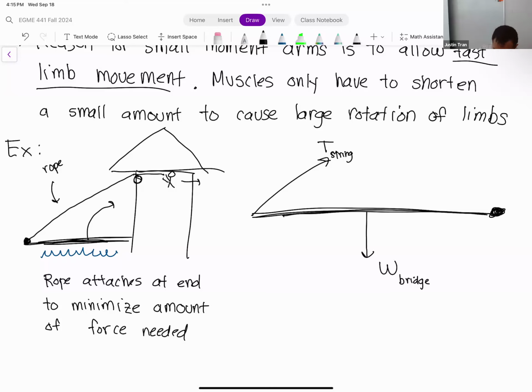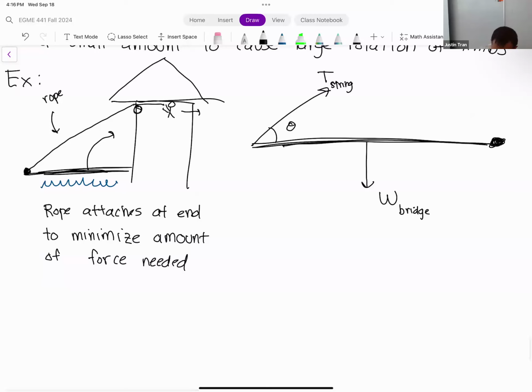So if we do a very quick analysis here, let's say that we know this angle, which we'll call theta.